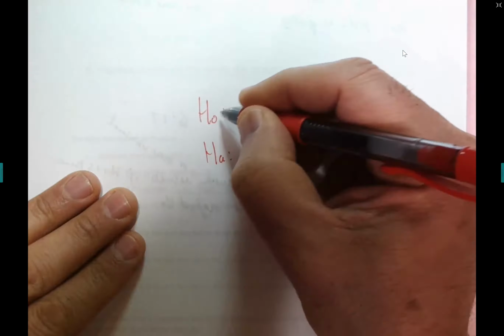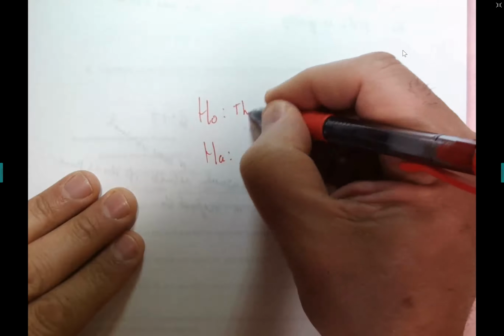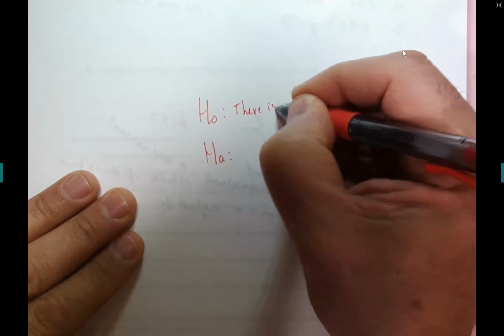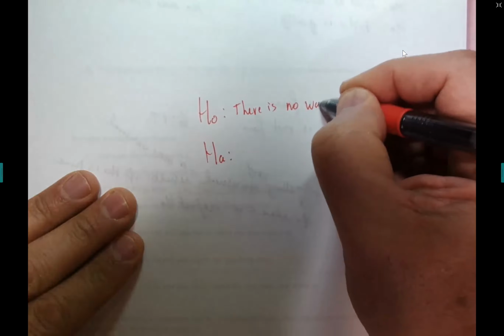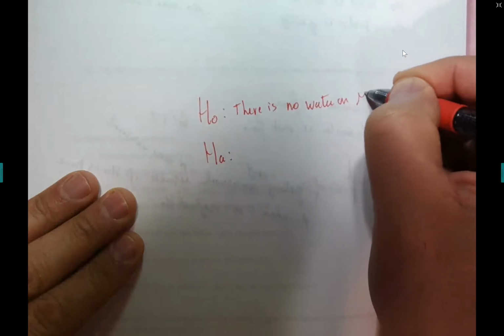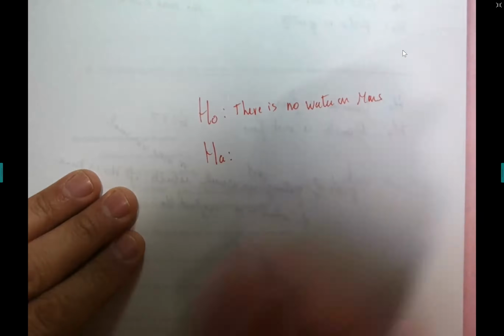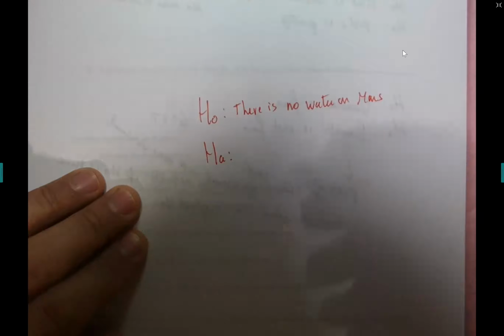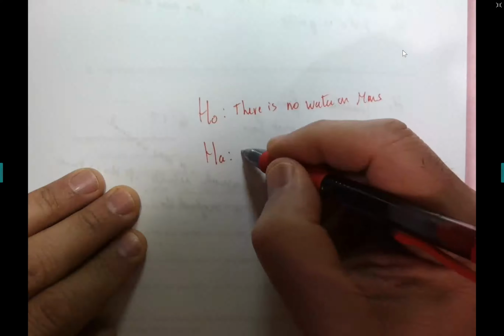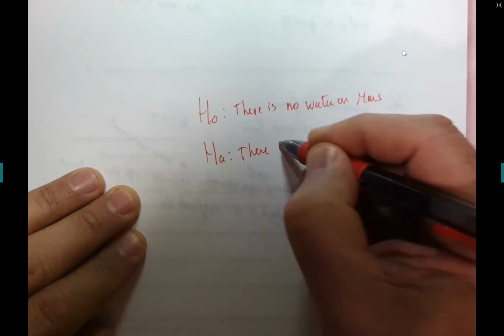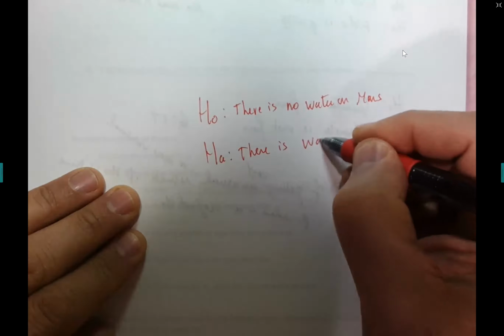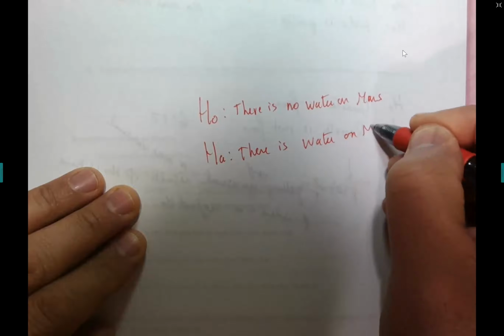Okay, let's say someone claims that there is no water on Mars, the planet. And then the alternative hypothesis, guys, will be there is water.